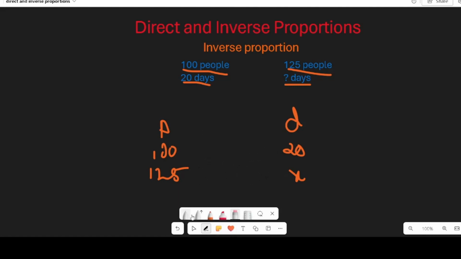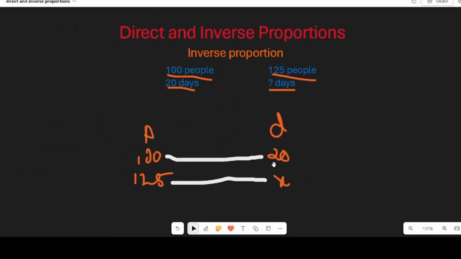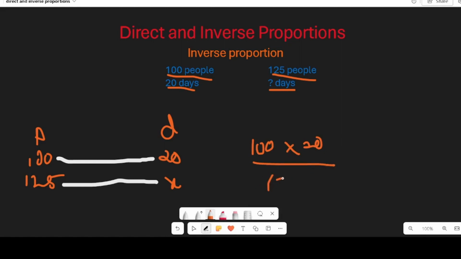Instead of cross multiplying, we multiply sideways: 100 into 20 and 125 multiplied with x. When you do this, you'd get 100 multiplied by 20 whole divided by 125.